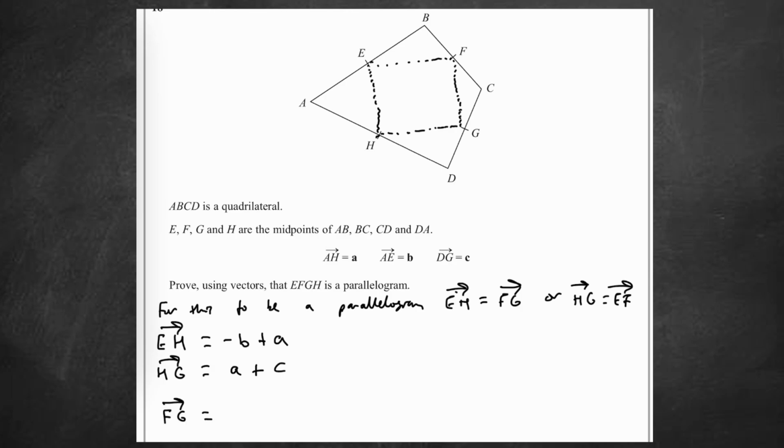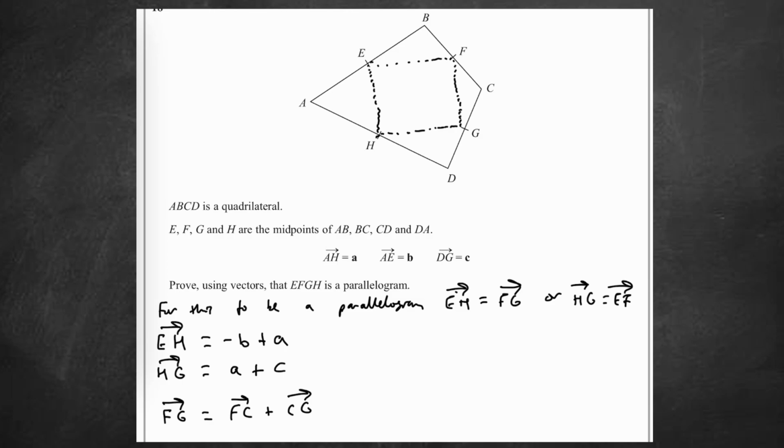So to get from F to G, we need to get from F to C, FC plus CG. Now we know that DG is C, small c. It's going to get very complicated.